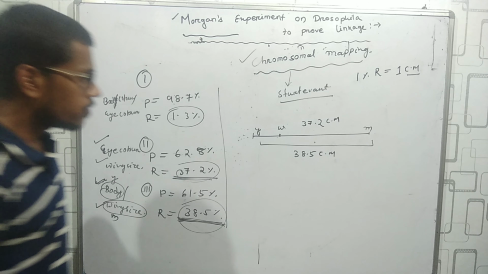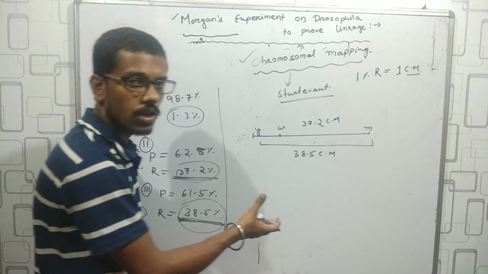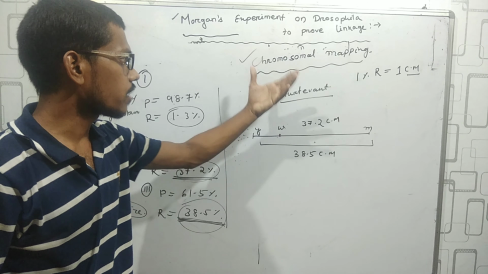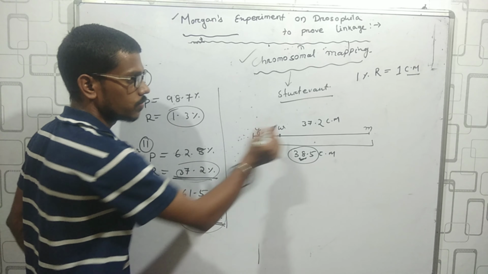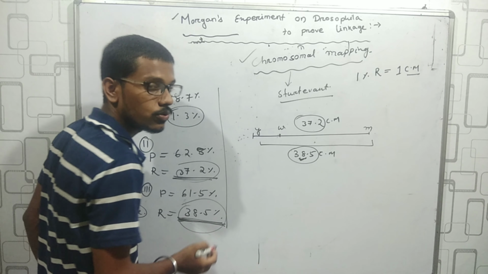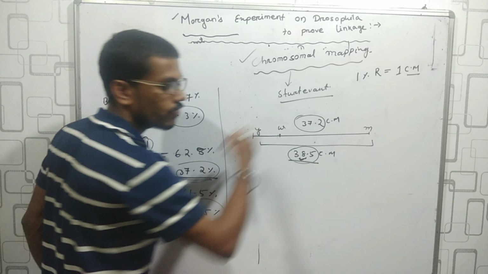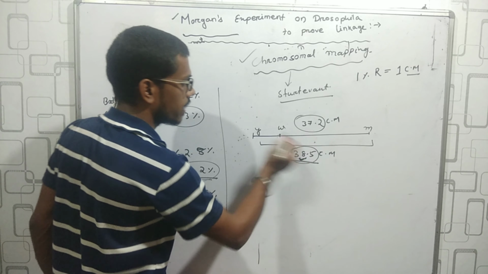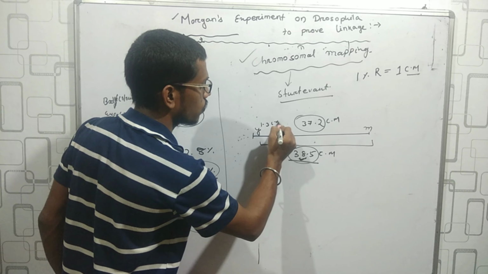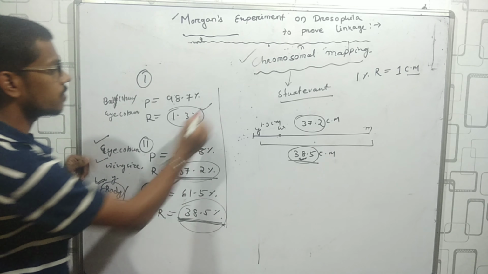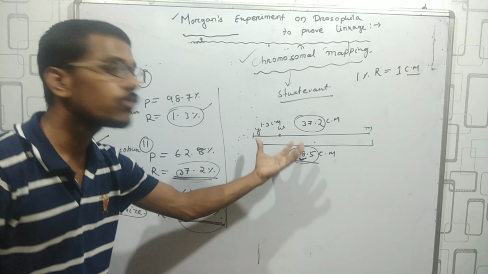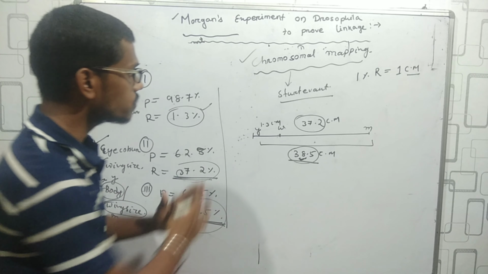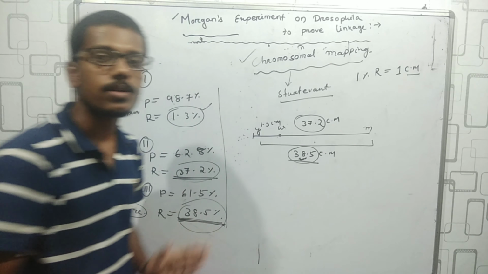Then if our concept according to Morgan and Sturtevant is right, we have to subtract this 37.2 from this 38.5 centimorgan, and we will get 1.3 centimorgan. Yes, see here, this is 1.3%, which means 1.3 centimorgan.